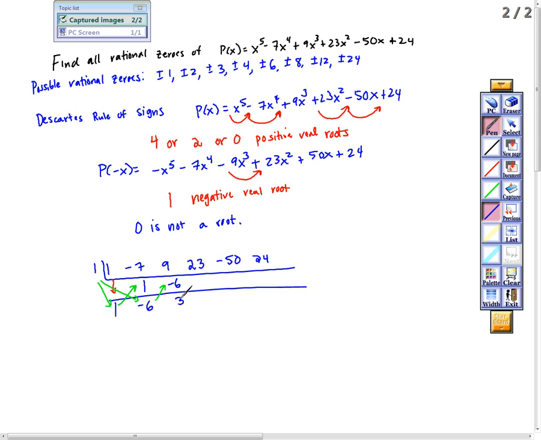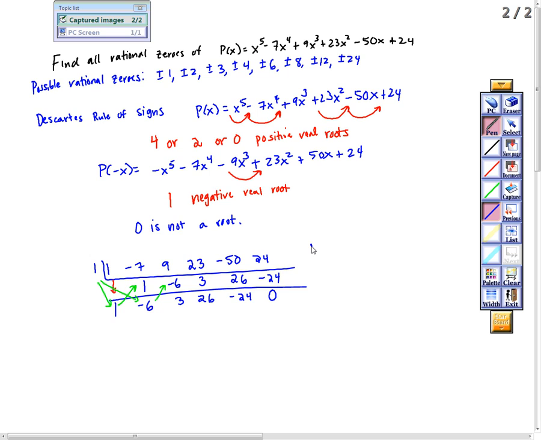I'm going to stop writing the arrows. I think it's going to get really busy, but I have 1 times 3 is a 3. When I add these together, I will get 26. Then 1 times 26 goes here. That's a positive 26. I have negative 50 plus positive 26 gives me a negative 24. And then 1 times negative 24, the answer goes right here, negative 24. And if I combine 24 and negative 24, I get 0.